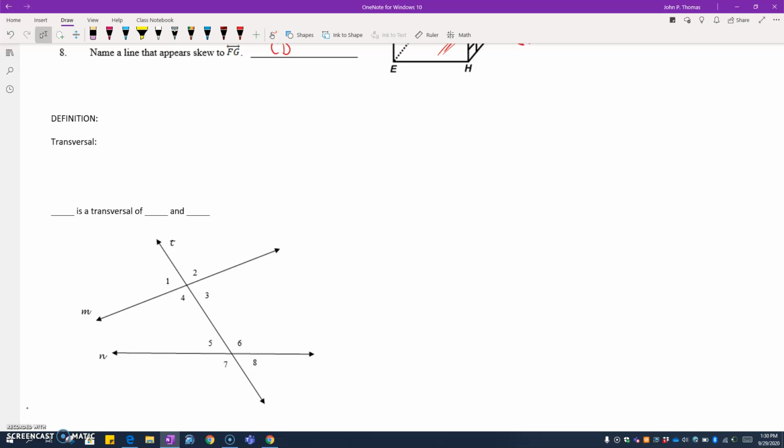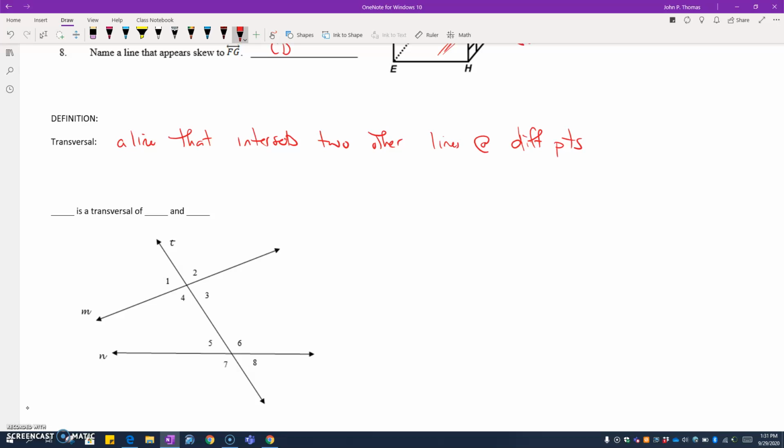All right, taking a look at the next thing, we're going to have to define a new term, which is a transversal. So a transversal is basically a line that intersects two other lines at different points. If they all share the same point, we don't really consider it a transversal because they all intersect at the same point.